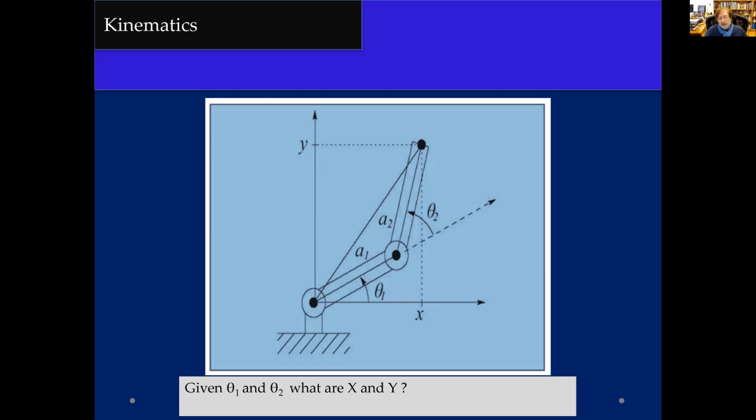If you talk about a robot manipulator with n links, then it becomes a very difficult problem. It is very cumbersome. The geometry becomes very difficult. Why? Because robots are not confined to planes.